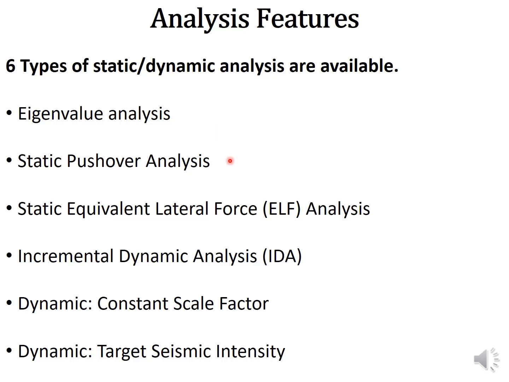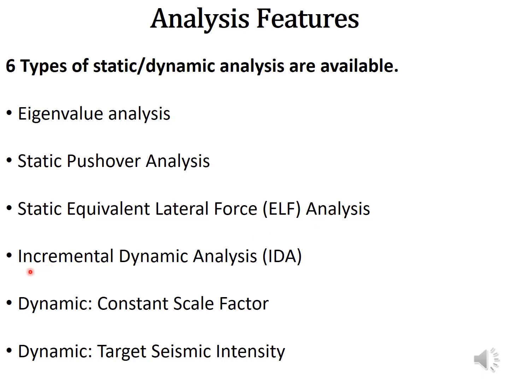You can also conduct static pushover analysis, where you push your structure monotonically to a target drift ratio using a pre-specified mode pattern. You can also conduct static equivalent lateral force analysis, or ELF analysis, where you statically apply some profile of lateral forces at different floor levels to your structure, which can help when you are conducting design procedures based on the design code.